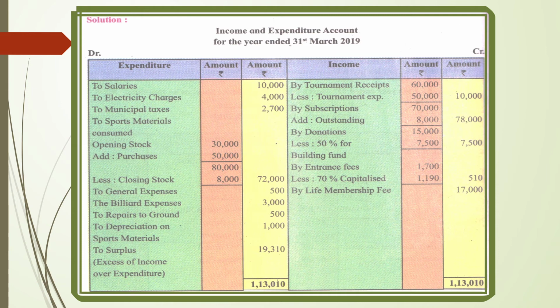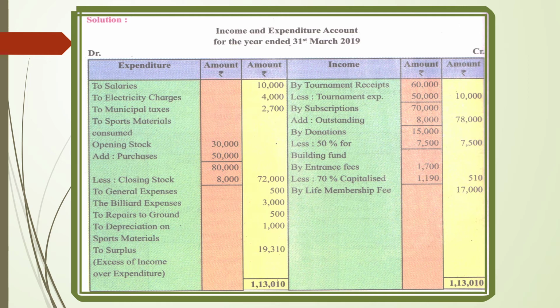This is one method. Another method is to write as shown in the receipt and payment account. Means tournament receipts on the income side, that is 60,000, and tournament expenses on the expenditure side, that is 50,000. The effect will be the same, the balancing figure will be the same, that is 10,000.